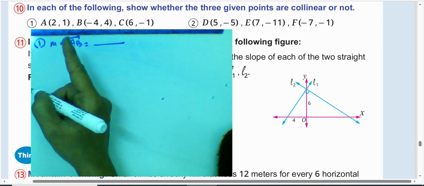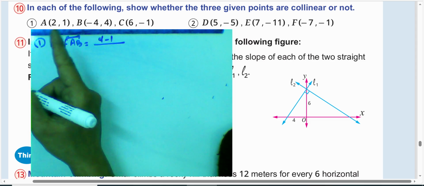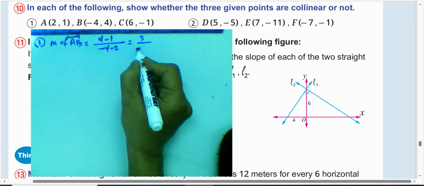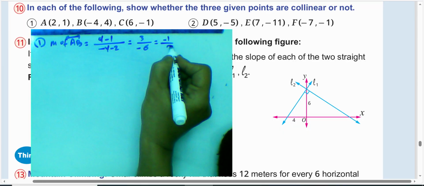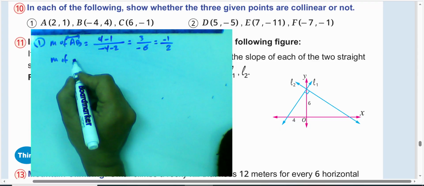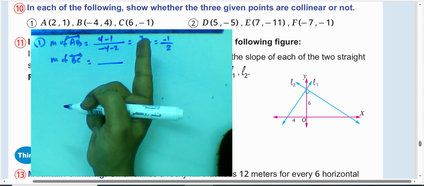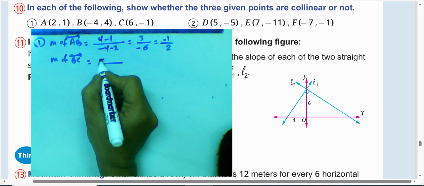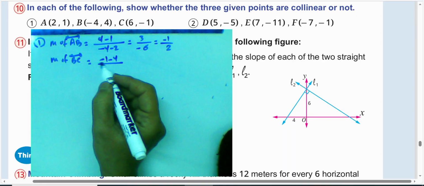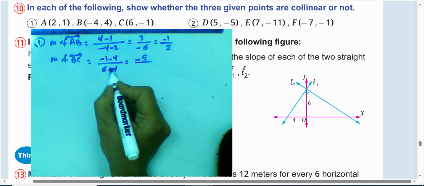We have points A and B. Look, 4 minus 1 and negative 4 minus 2. 4 minus 1 is 3, and negative 4 minus 2 is negative 6. The result will be negative 1 over 2. And the slope of BC: negative 1 minus 4 over 6 plus 4, which is negative 5 over 10.